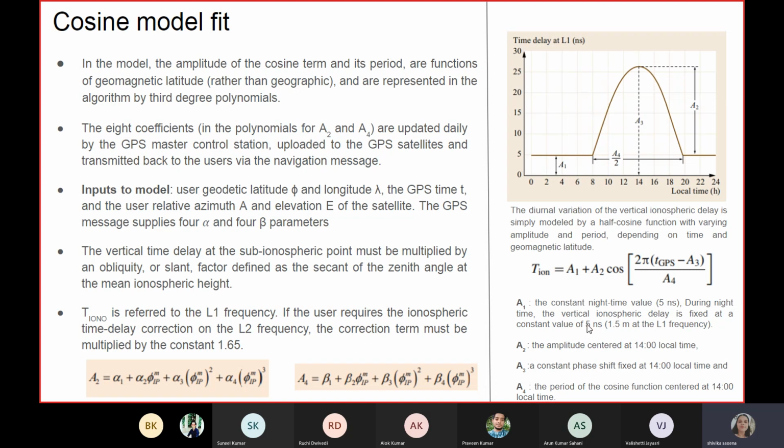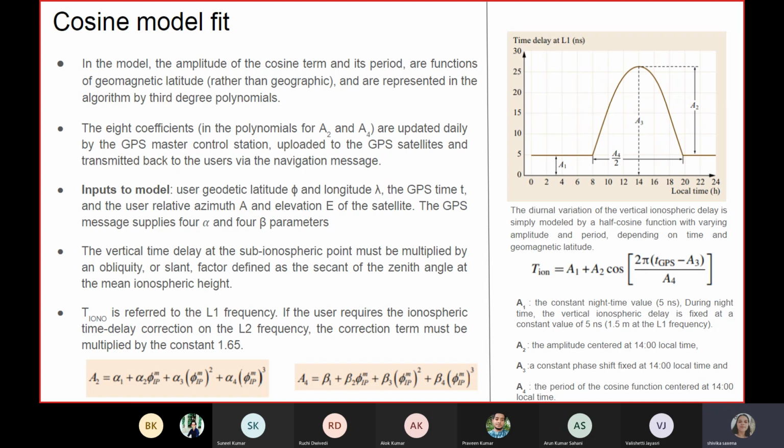Our interest is in A2 and A4. A2 is the amplitude and A4 is the period. In the model, the amplitude of the cosine term and its period, that is A2 and A4, are functions of geomagnetic latitude and are represented by third degree polynomials.